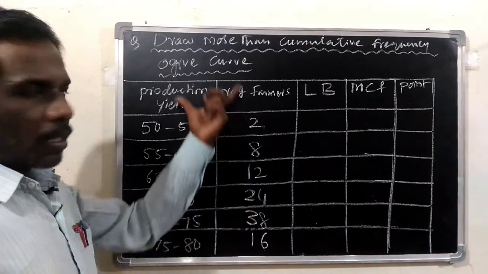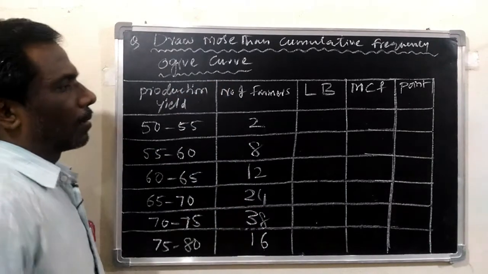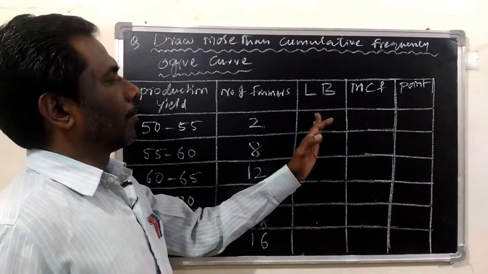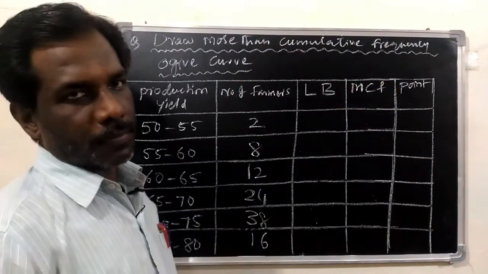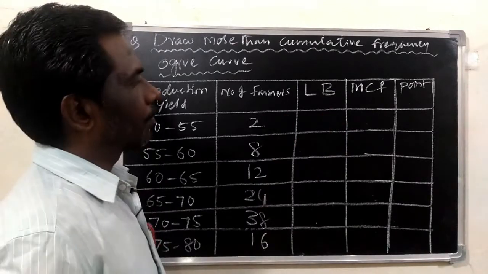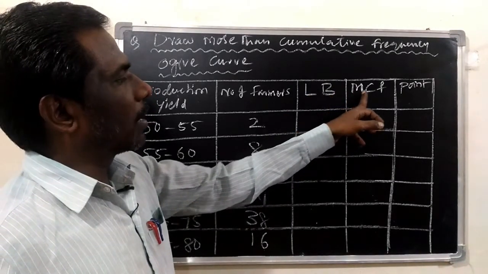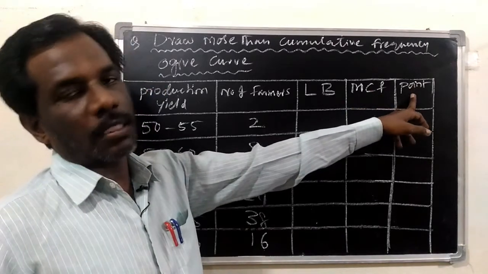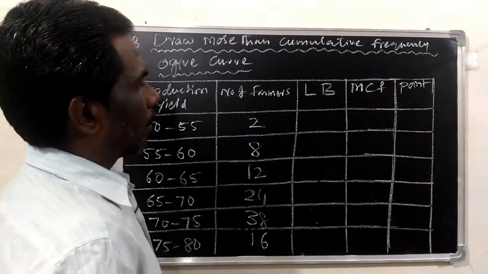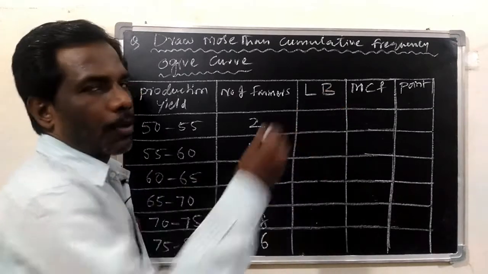These two columns are given in the question. Here we need three more columns. The first one is the lower boundary, then the more than cumulative frequency, and the last one is the point.